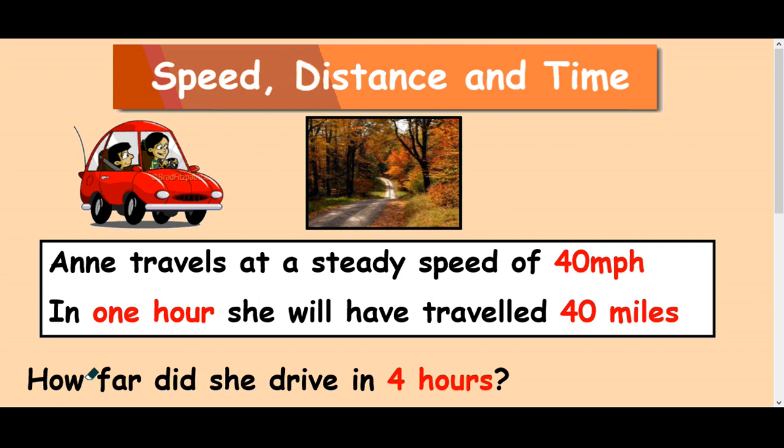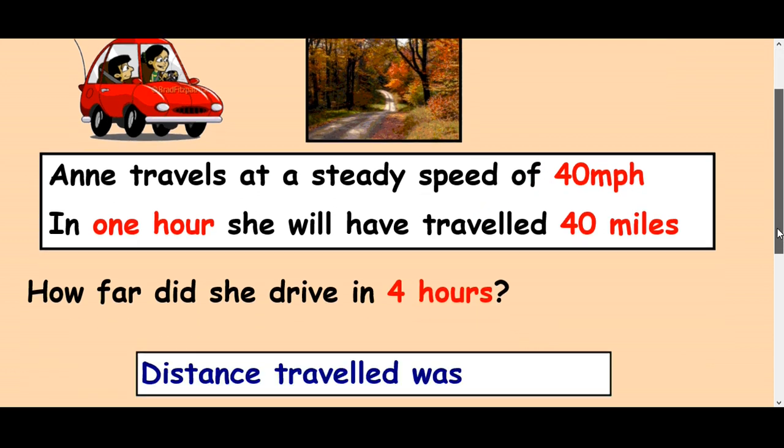But to start off today, what we're going to look at is this simple question. If you imagine Anne is travelling at a steady speed of 40 miles per hour, not too fast. In 1 hour, she travels 40 miles. That's what that means, 40 miles per hour. 1 hour, 40 miles. Now the question is, how far did she drive in 4 hours?